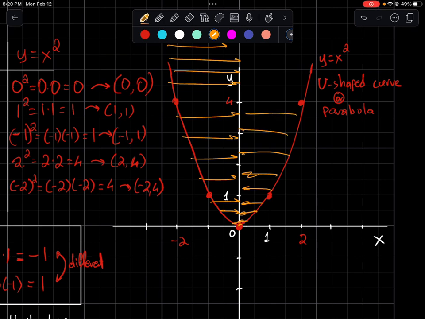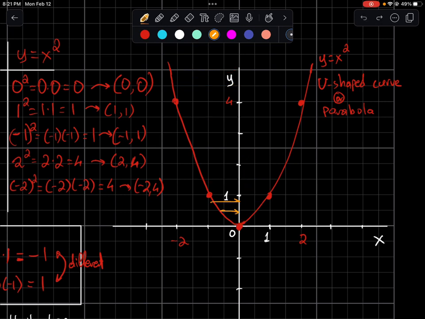There are two branches, so I have to project from the left and from the right on the y-axis. And eventually I see that I cover the entire top y-axis, including 0.